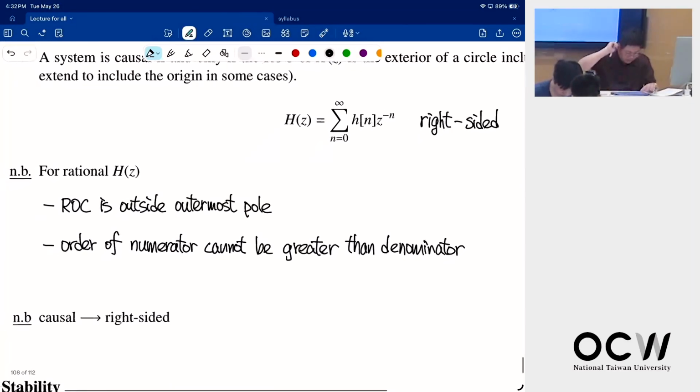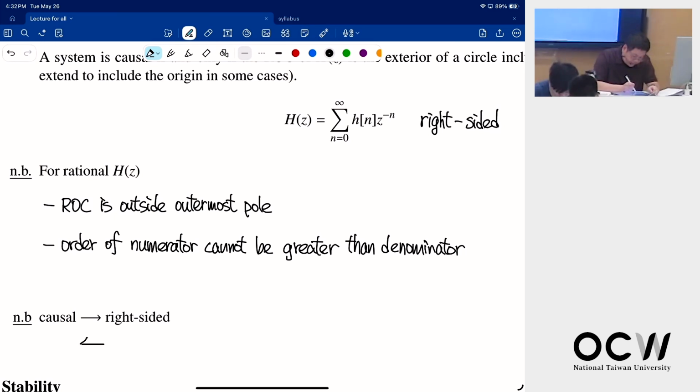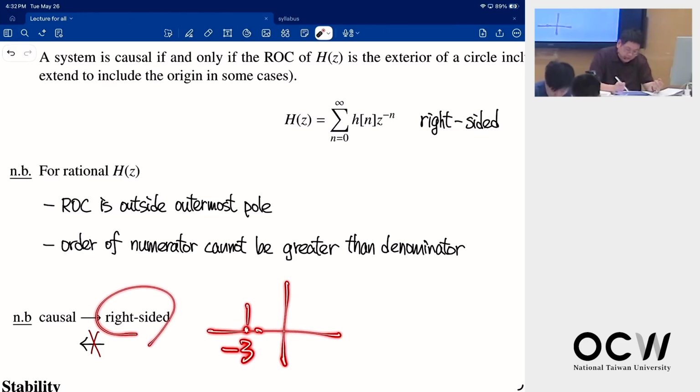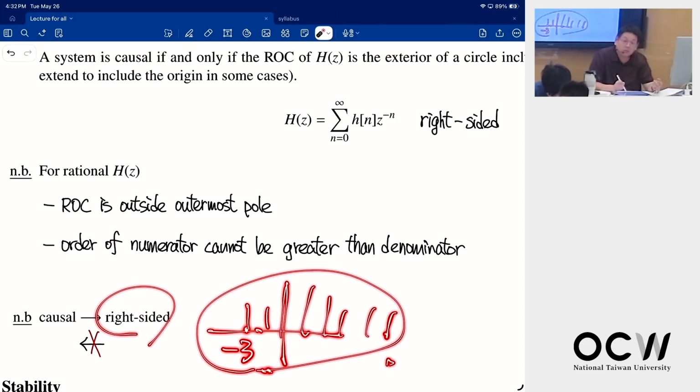And we can also say that if the system is causal, that means it is right-sided, but the other way around is not true. Just like the Laplace transform, right-sided if it's starting from -3, and this is not causal. Okay?